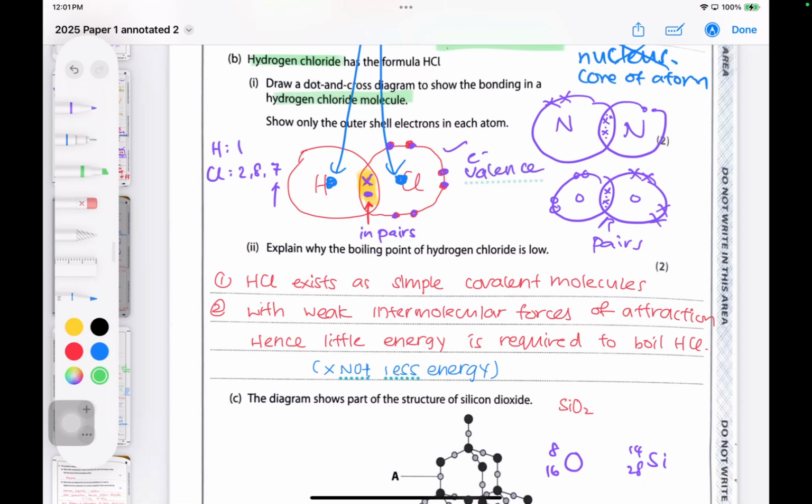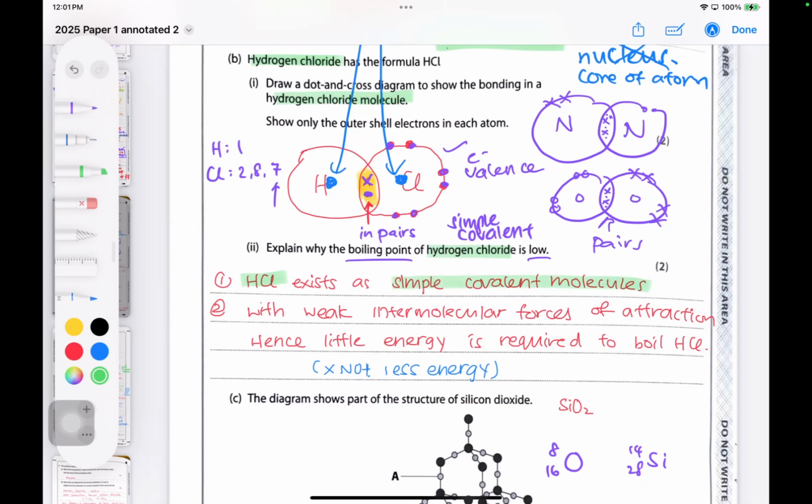Okay, next, we're looking at a small molecule. So this is a simple covalent molecule. So why is it that the boiling point and melting point of simple covalent molecules are so low? Okay, so these are the keywords here. You need to first identify what HCl is. HCl is a simple covalent molecule.